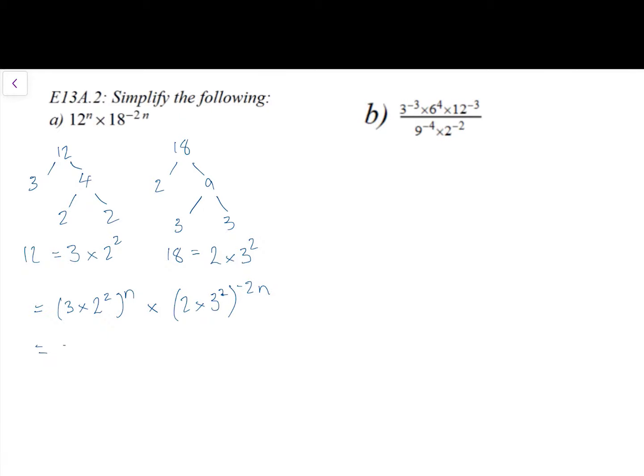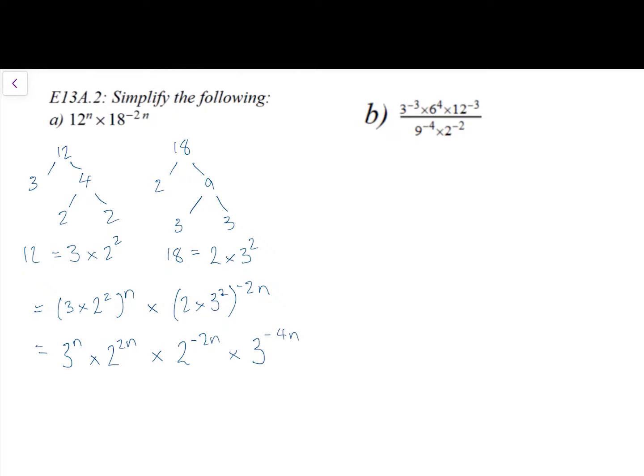Expanding out each of these brackets, we get 3 to the power of n times 2 to the power of 2n times 2 to the power of negative 2n times 3 to the power of negative 4n.